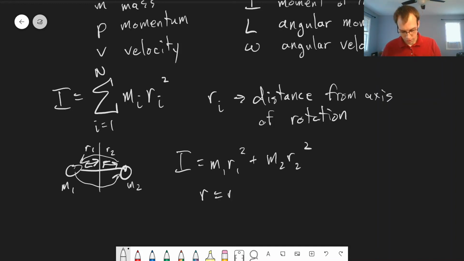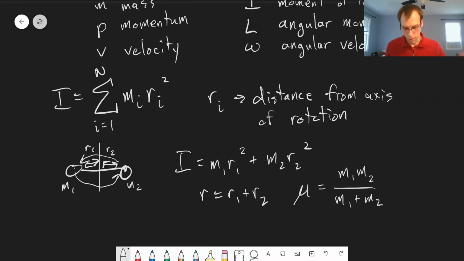We'll define r to be r1 plus r2, that's just the total distance between our two masses. And the reduced mass that we used for the harmonic oscillator shows up again. We can combine these and show this, which I'll leave as an exercise.